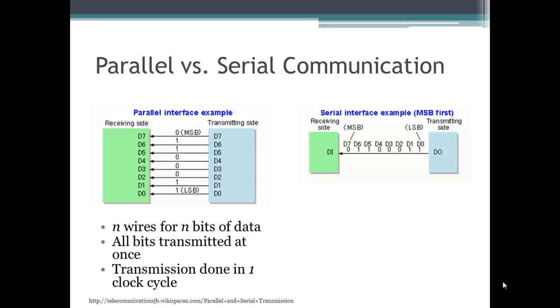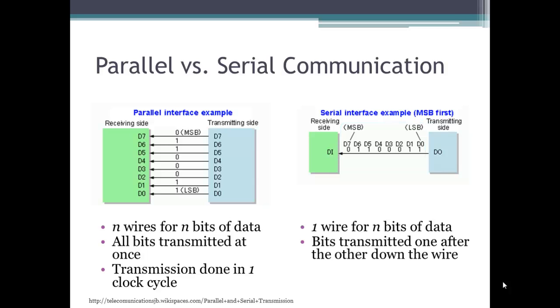Contrast that with a serial communication protocol, in which we have the transmitter on the right, the receiver on the left, and data is sent down only one wire, no matter how many bits there are. Each bit goes down the pipeline, one after the other, down the wire.